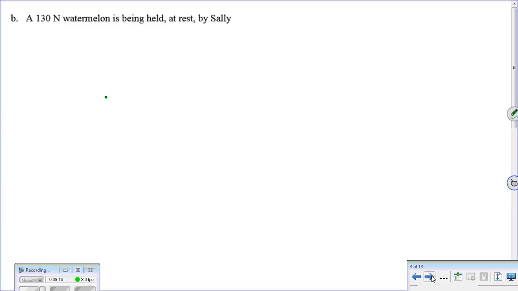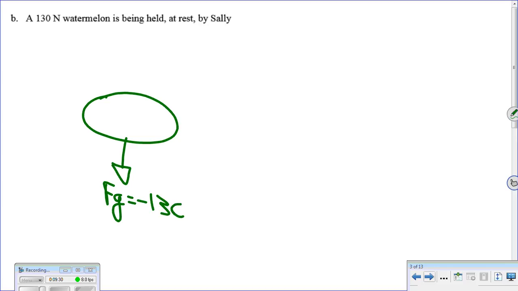Okay, so here we go. In B, we've got a 130 Newton watermelon. So here's our watermelon. 130 newtons, is that the mass or the weight, you guys? It's the weight, that's the force of gravity. Weight and force of gravity are the same thing. So my step one is identify mass and force of gravity.